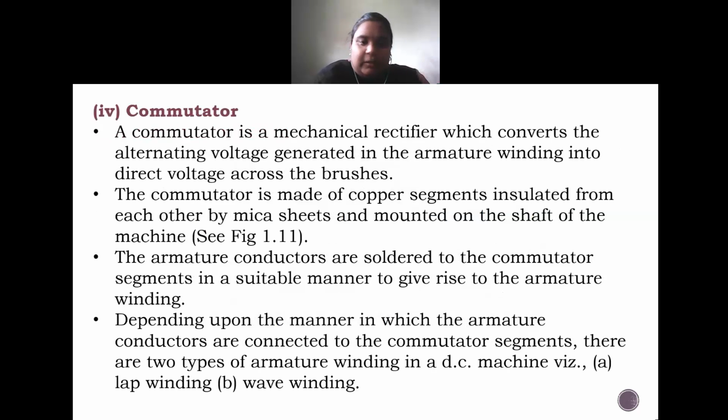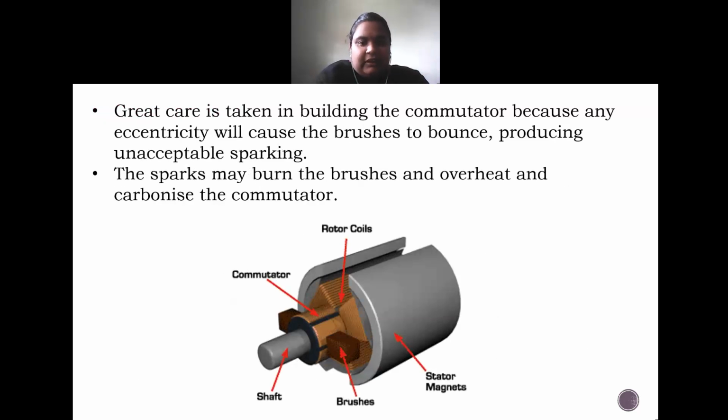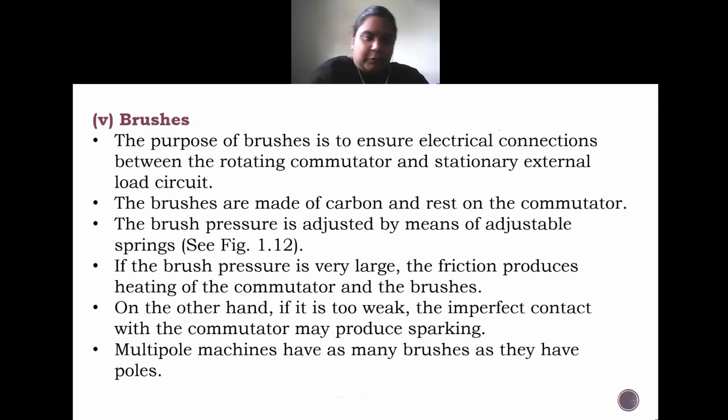Again, we have seen a commutator. We have already completed the commutator in the previous classes, and in the last class also we saw what a commutator is, how it is designed, and what its purpose is. The last point we discussed in the last class was brushes. Why are we using brushes, what is their purpose?